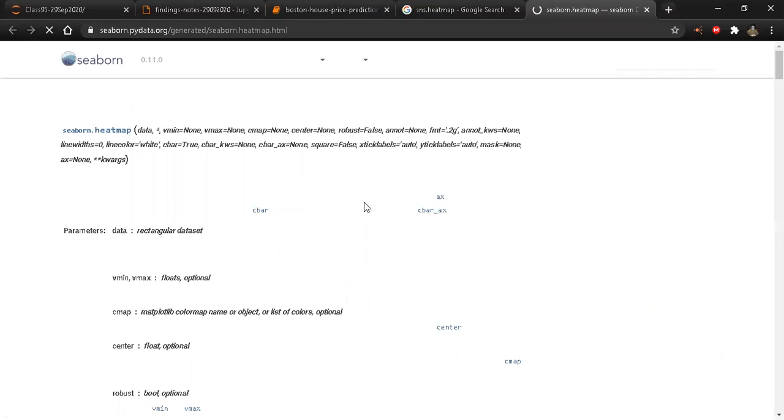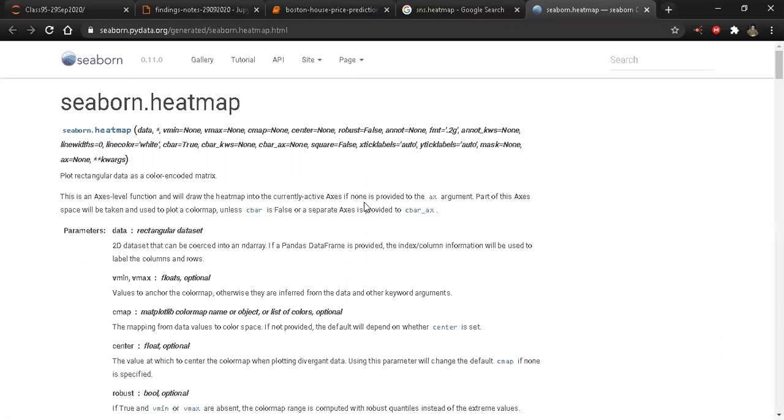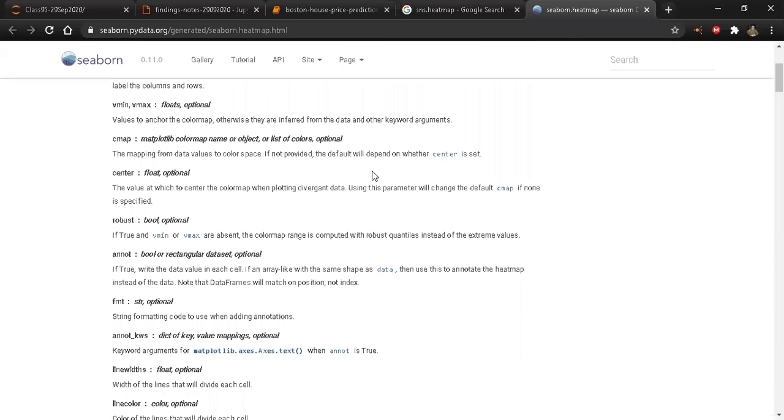So let me just look at that parameter once. And in the meanwhile, can anybody tell me what we can do in this case? What shall we do to handle this kind of situation? If you remember what we did earlier. VIF. Okay.